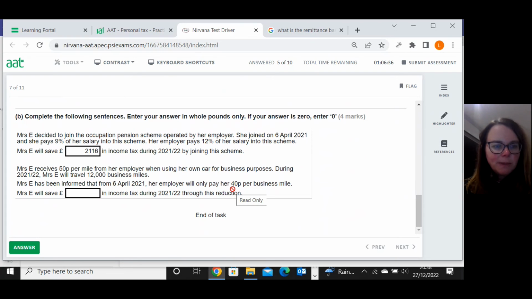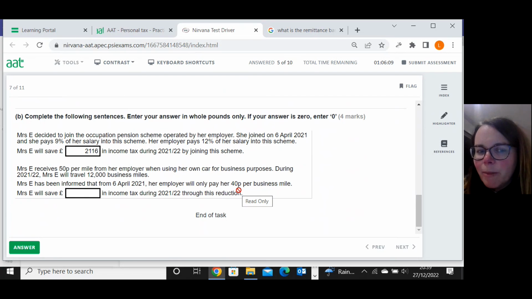If it goes down to 40p a mile, so 40p times 12,000, sorry, that means that she would be getting 4,800. Right, so we've worked out she should be getting 5,000, and now she'll only be getting 4,800. So that means that she'll have an allowable expense of 200 because she's not quite getting enough.